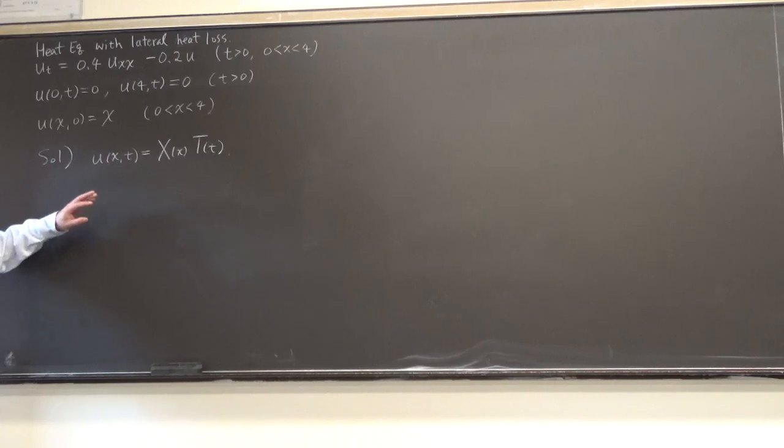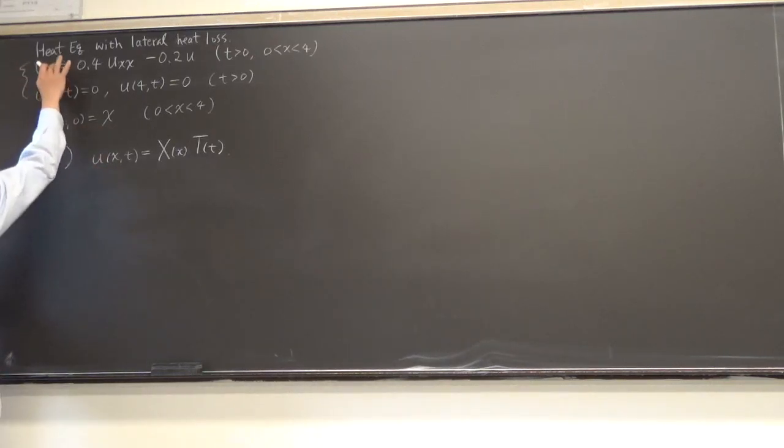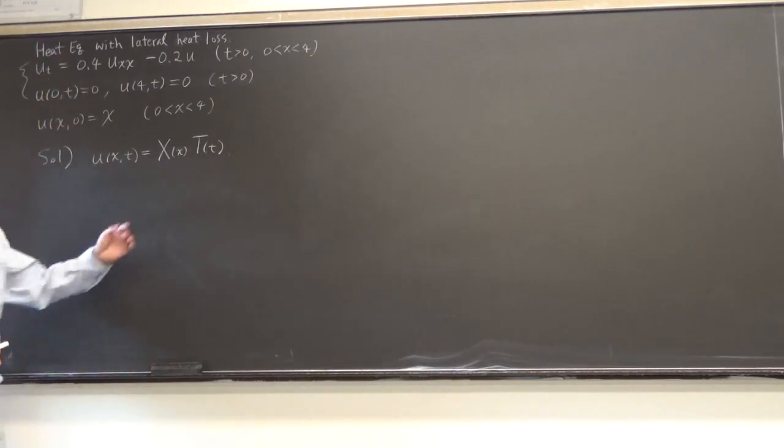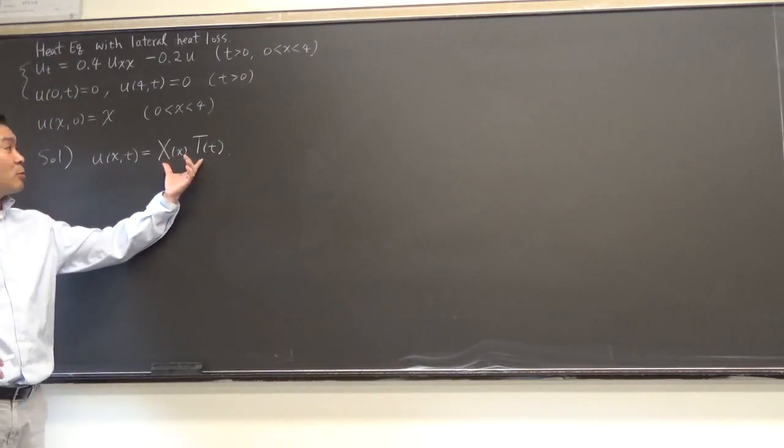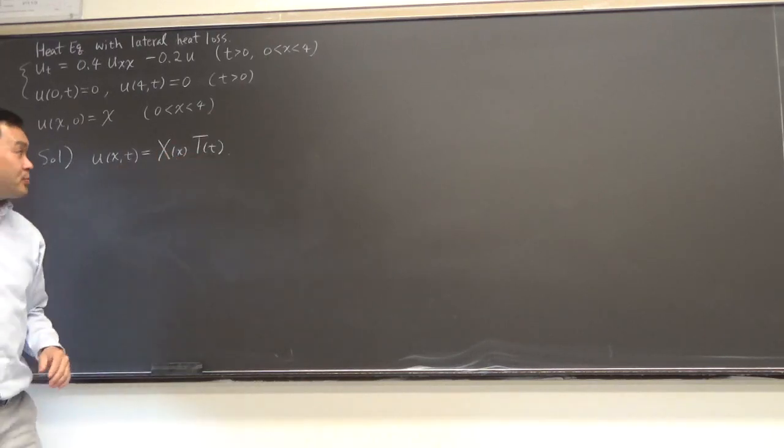And you're looking for the building blocks of the solutions to eventually match with the initial conditions. But for now, we're only looking for solutions that satisfy the first two, with the form being a function of x times a function of t.